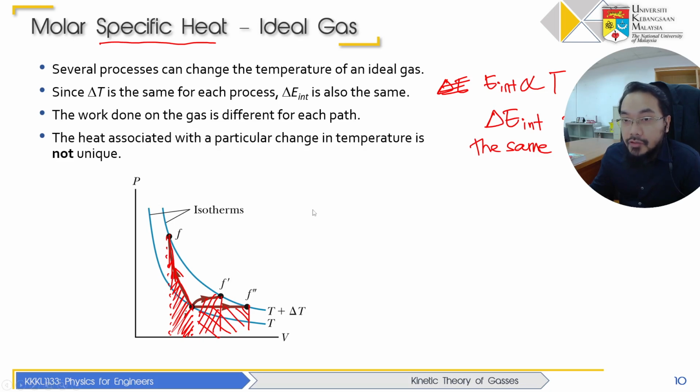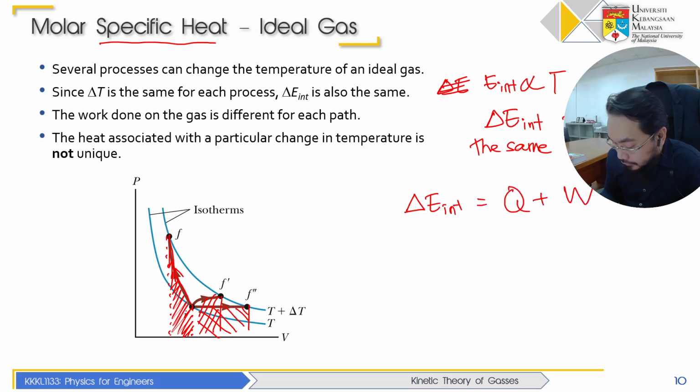Because if we go back to the first law of thermodynamics, it states that the change in internal energy equals Q plus W. The change in internal energy is the same for all three processes, and we know that W is not the same, therefore Q also must not be the same. It's different for each of the processes.